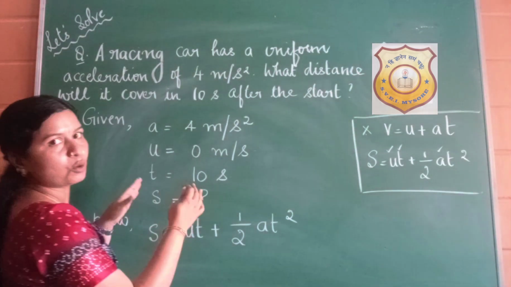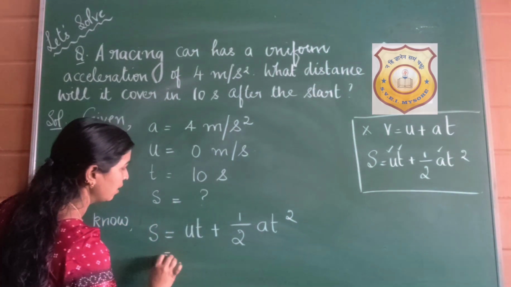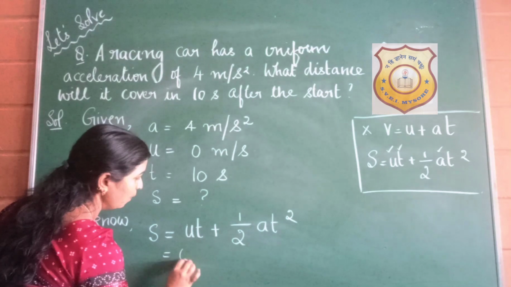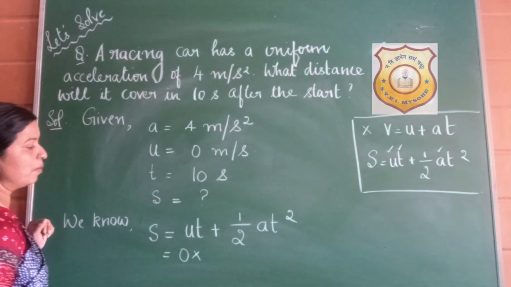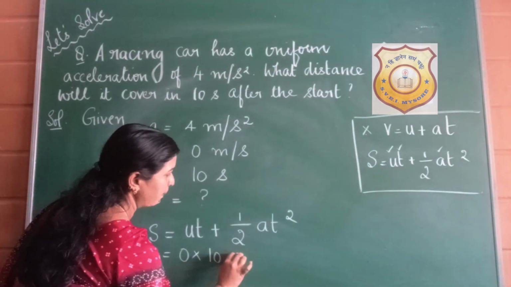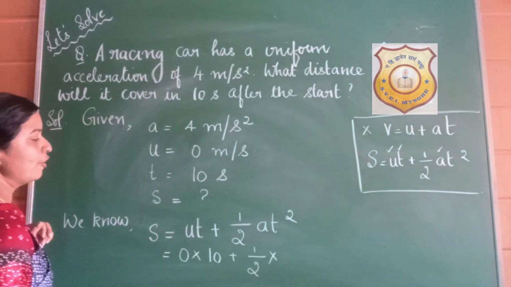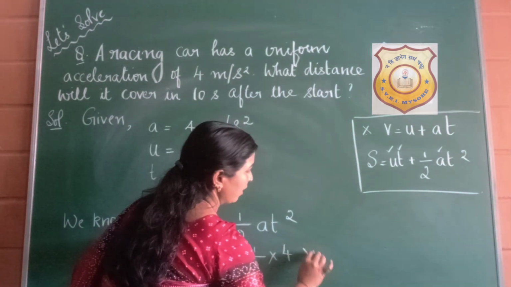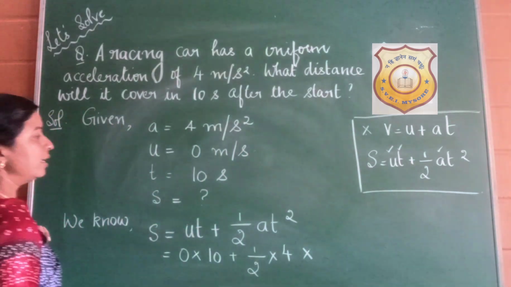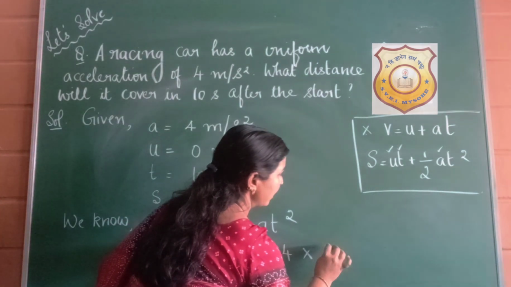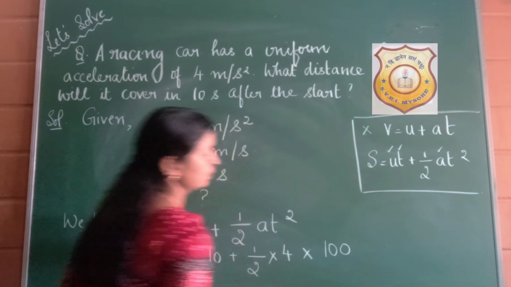Now we are going to substitute the values here. U is 0 into time is 10, plus half into A is 4 into T square. Time square is 10 square, which is 10 into 10, 100.